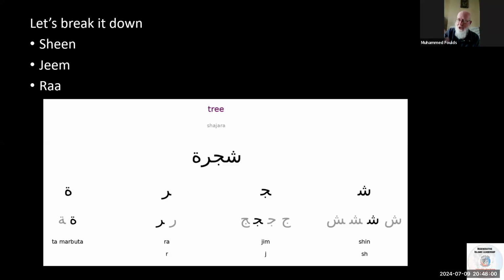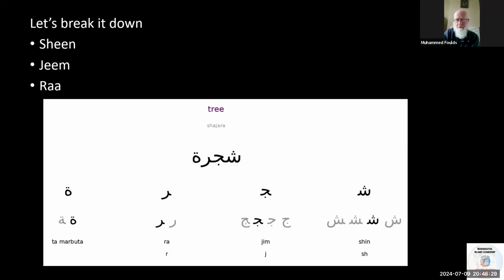Remember, each letter, each word, each ayah, each surah are signs, and they have so many layers that need to be peeled away. Again, back to relationships, back to patterns, back to context. So, shajara, break it down.